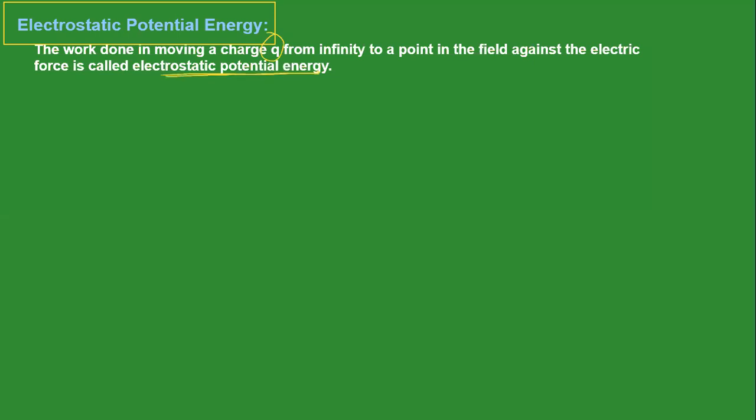In the previous article also we learned the work done to move a unit positive charge, or charge Q, from infinity to a point in the electric field is called electrostatic potential energy. So work done is given by this formula.